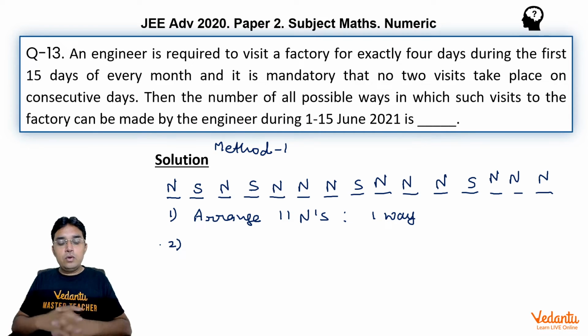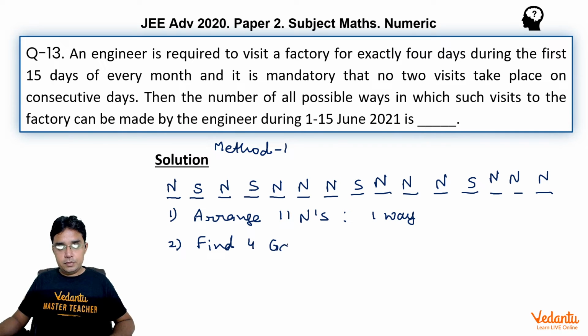So we need to find 4 gaps out of 12 gaps on which we are going to put S, and that will be done in 12C4 ways.